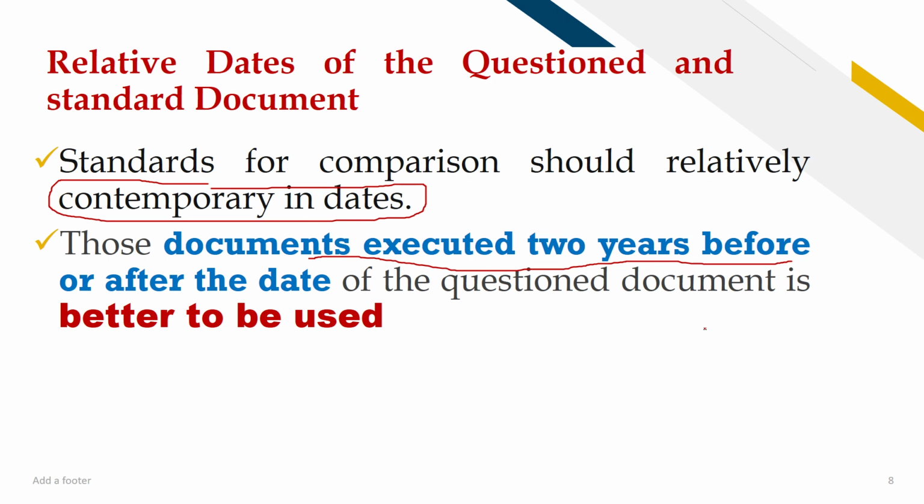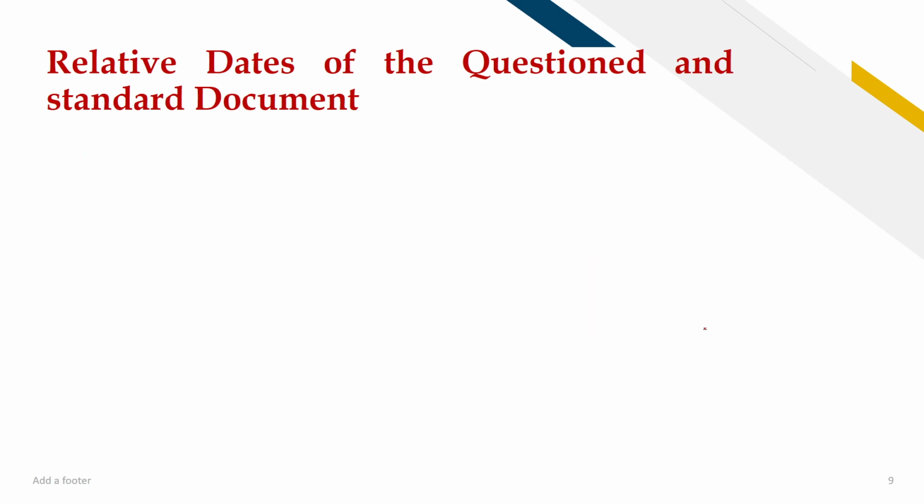Pero kung mas maikli yung pagitan ng preparation, much better po. Okay? So, ideally, writing done around the date of the question material should be used for comparison purpose. Sabi ko nga, kung alin yung mas malapit yung edad doon sa question document, that is a document that is much preferably to be taken as a standard document.